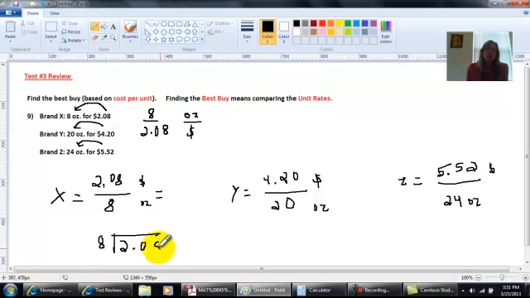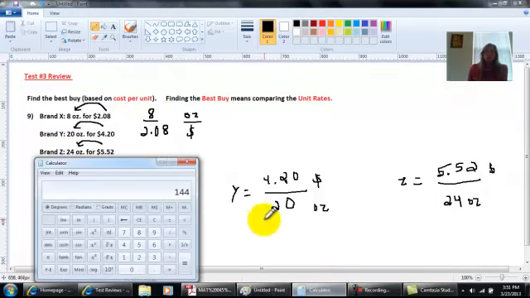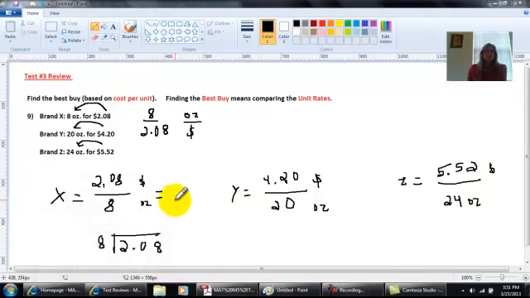So it's 8 into $2.08. And we'll use our calculator. 2.08 divided by 8 equals 26 cents. So for the first one, it's 26 cents, or $0.26 per ounce. That's our unit rate, because it's per 1 ounce. And in this one, we will divide.